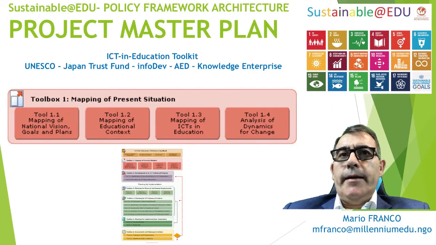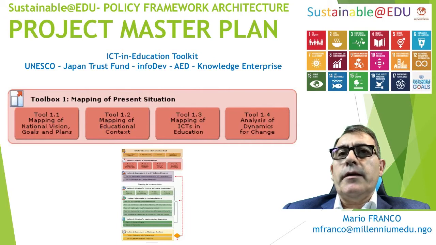Toolbox 1 is related to mapping the situation when you intend to develop a master plan. There is mapping of national vision, goals, and plans, mapping of the educational context, mapping of ICTs in education, and analysis of dynamics for change.